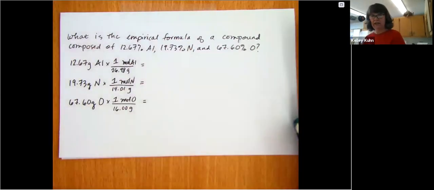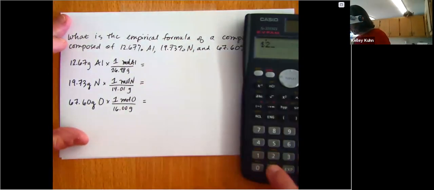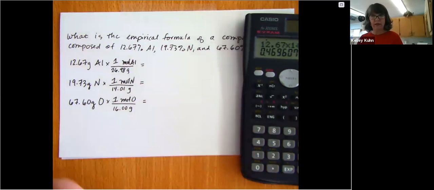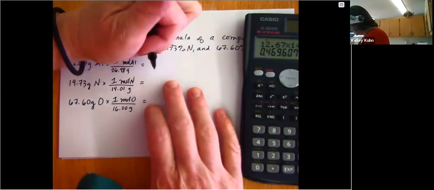So we're going to go ahead and do the math for this. 12.67 times 1 divided by 26.98. Now I want to keep all 4 sig figs. This will make my answer come out much more neatly.